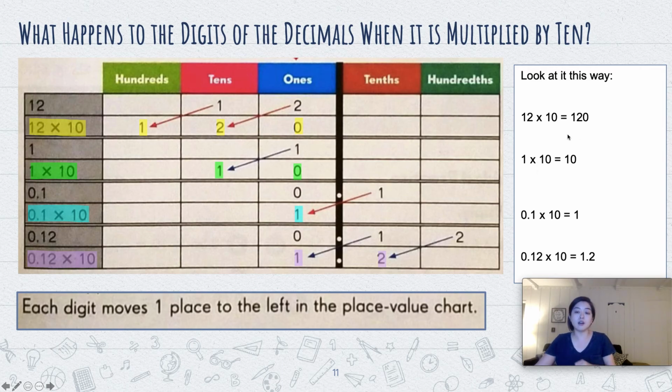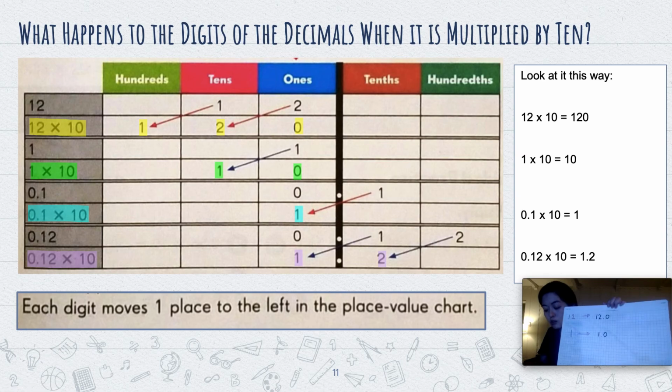Now, I want you to look at these whole numbers, 12, 1, and 1 here. The whole number 12 can be written as a decimal 12.0. The whole number 1 can be written as a decimal 1.0.